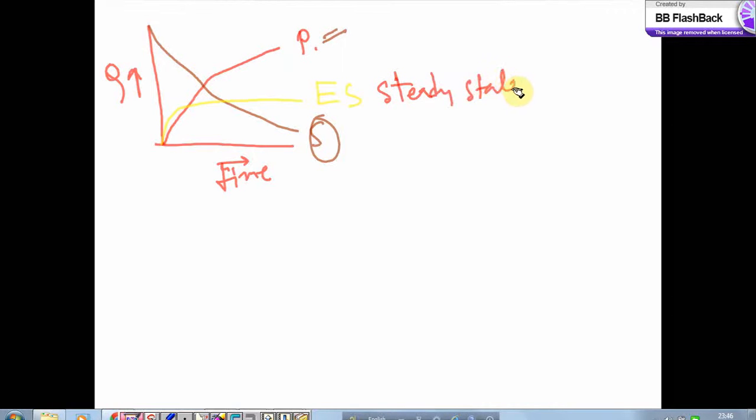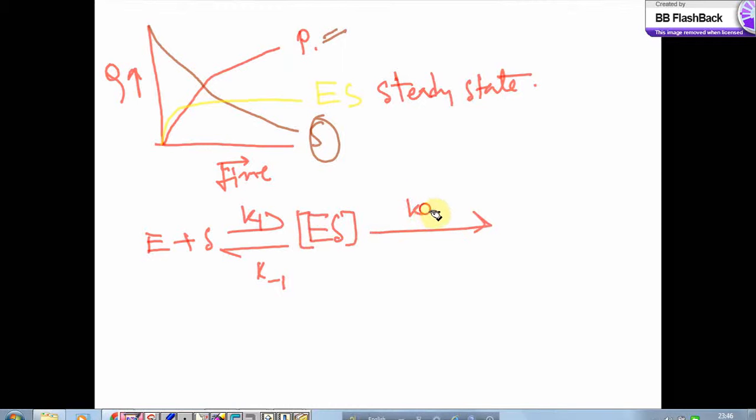Now what happens at the equilibrium condition? If we write the equation, this is the enzyme, this is the substrate, the enzyme substrate complex formation constant is k1, and the reverse reaction constant is k minus 1. There is another constant, k2, and P is formed, and the free enzyme is released from the enzyme substrate complex for the new reaction.